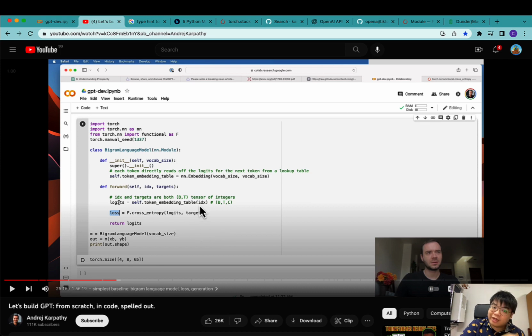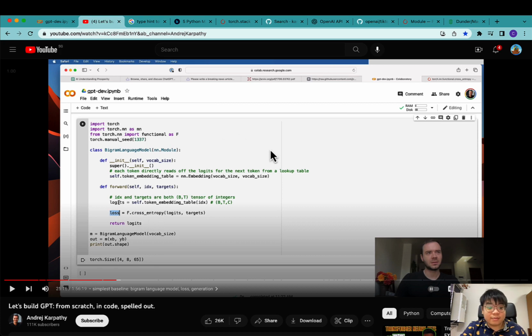But if logits and target are the same number, let's say both are 1, then the cross entropy loss function will give a very small number. Cross entropy is a prerequisite by itself, so I would recommend going online to take a look if you are not sure of this yet.